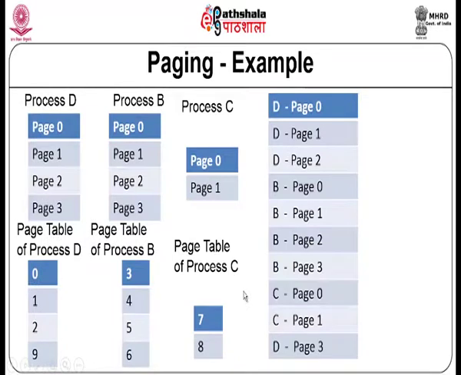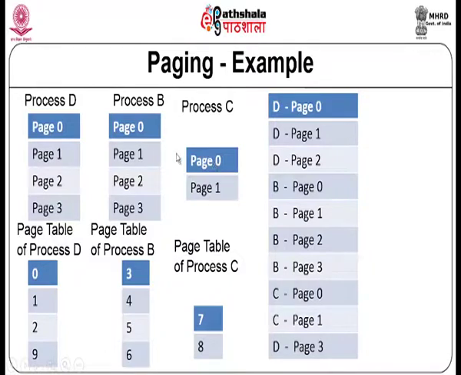Say a new process, process D, comes into the picture. This process D has 4 pages, and you need to put all these 4 pages into the physical memory, but contiguously you do not find 4 free frames in the main memory. The first 3 are free and the last one is free.